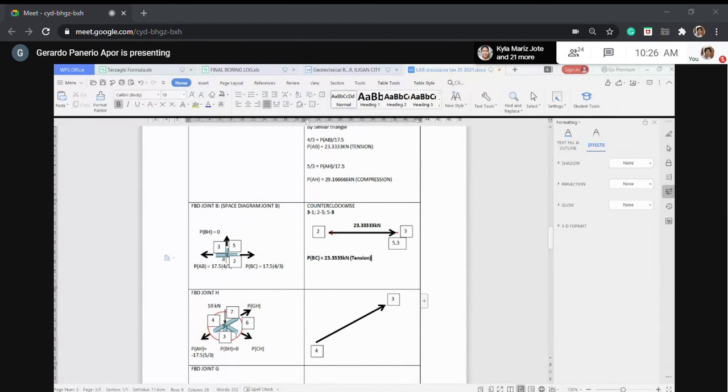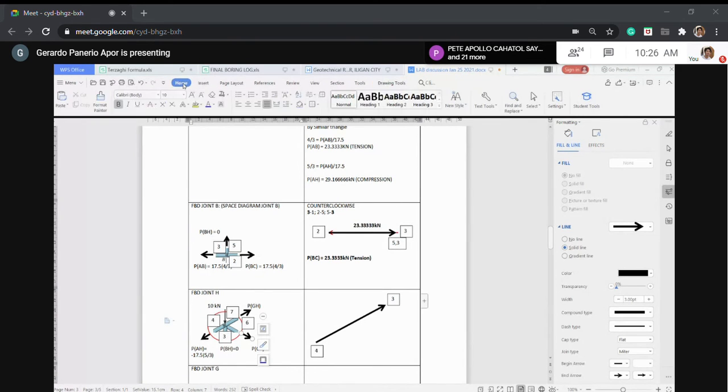Next is 3 to 6. Okay. You know that 3 to 6 is going that way, no? Going that way. So if it goes in this direction, we can extend it as long as we can. Okay, but that's too much, no?